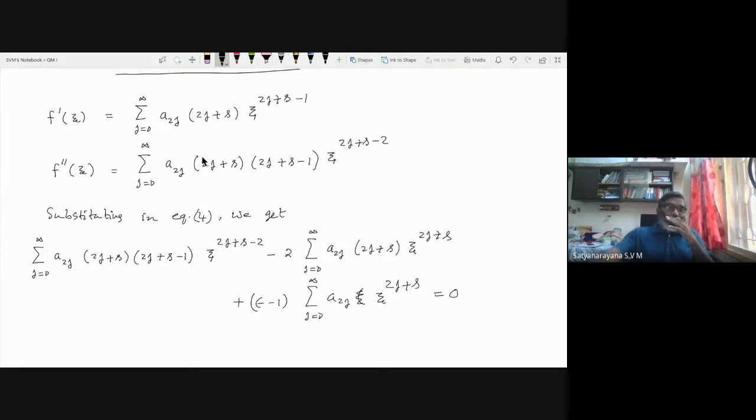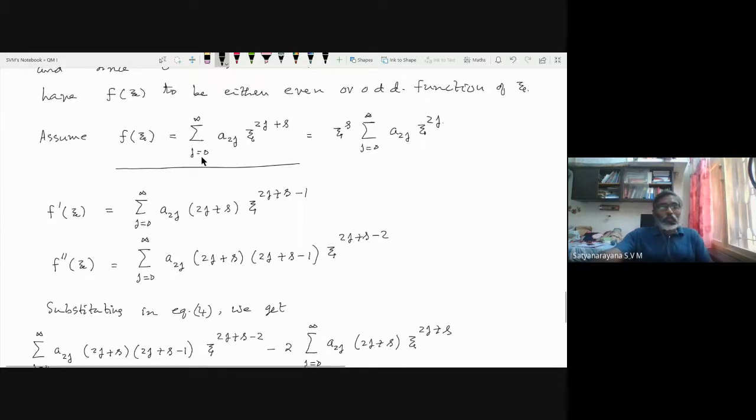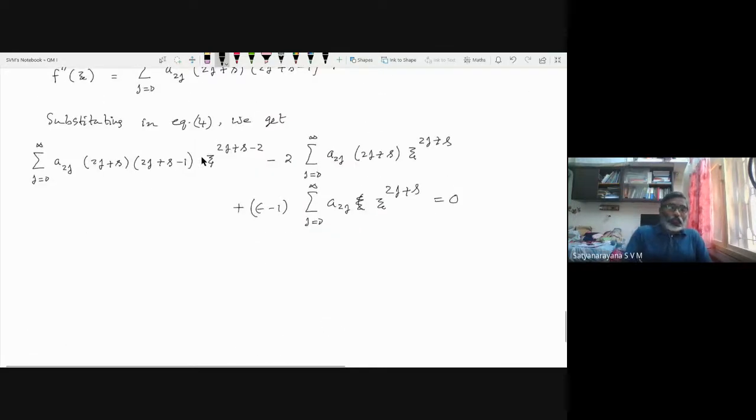Now, from this term, I will write the first term separately. That is the j equal to 0 term.